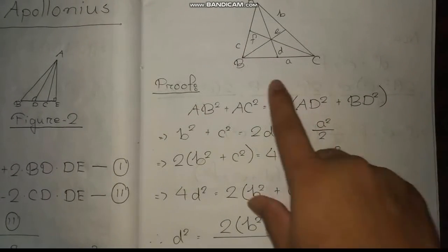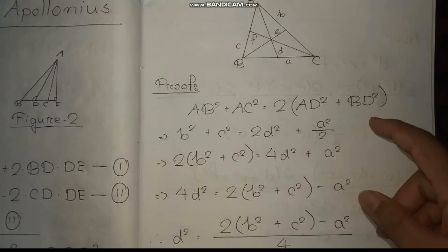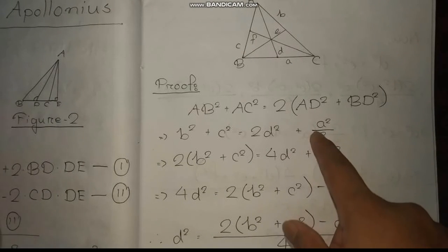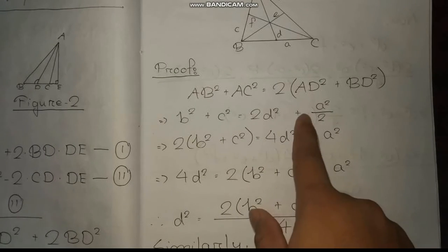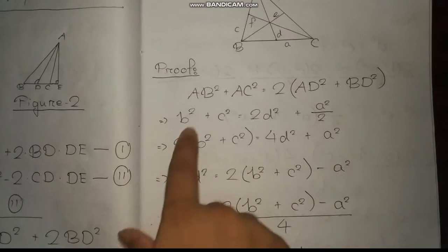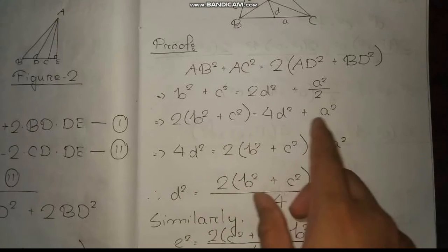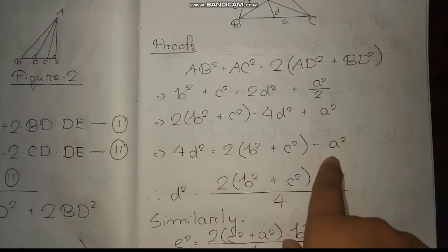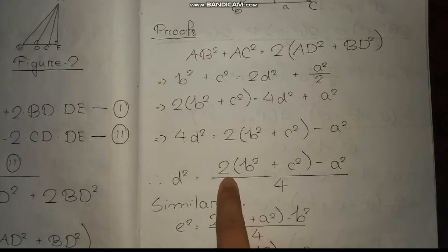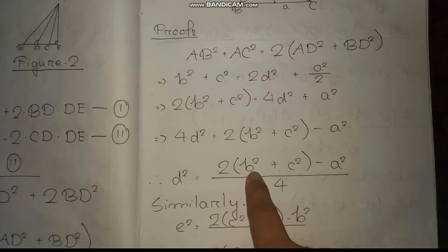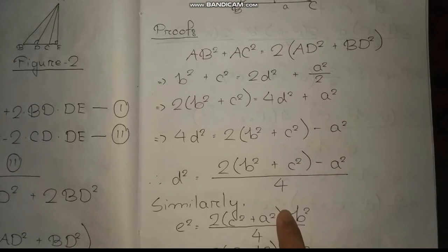And BD is equal to half of a, that is a by 2, so squared it is a squared by 4. Multiplying both sides by 2, these cancel out, and 2 into 2 is 4, and the whole thing multiplied by 2. Then we interchange the sides and subtract a squared from both sides, and divide both sides by 4. So d squared is equal to 2 multiplied by the sum of b squared plus c squared, minus a squared, divided by 4.